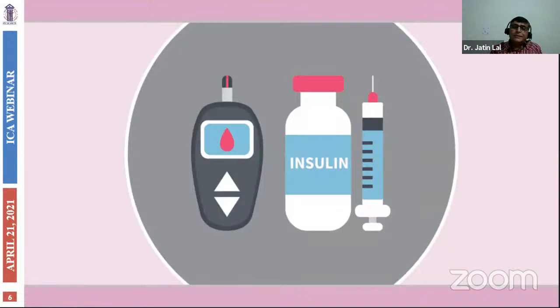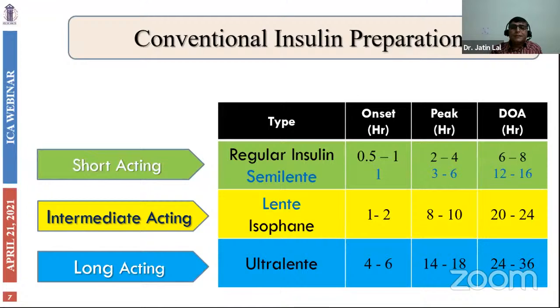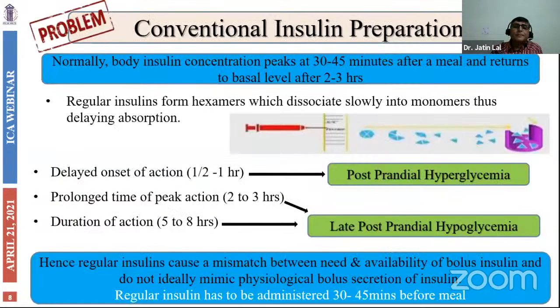The first is the insulin preparations. So what about the conventional insulins? Earlier, with the conventional insulins, insulin preparations were of three types: the short acting, the intermediate acting, and the long acting. In the short acting, we had the regular insulins and the semi-lente. The intermediate acting, the lente and isophane, and the long acting is the ultra-lente insulin.